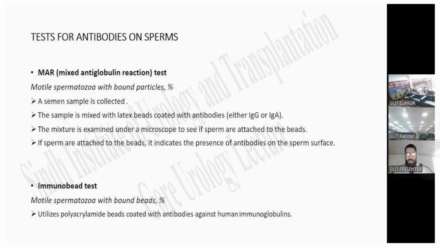If sperm are attached to the beads, it indicates the presence of antibodies on the sperm surface. The immunobead test is carried out using the same method as MAR, but the difference is that it uses polyacrylamide beads coated with antibodies against human immunoglobulins.